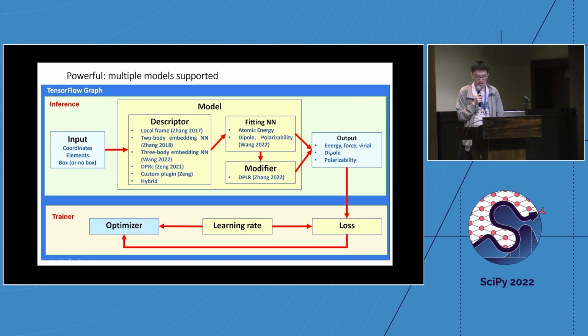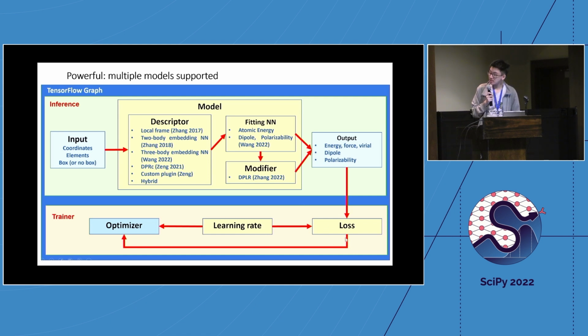And the output of the model is energy, force, which is the gradient of the energy, and sometimes virial. And also we support fitting dipole and polarizability.